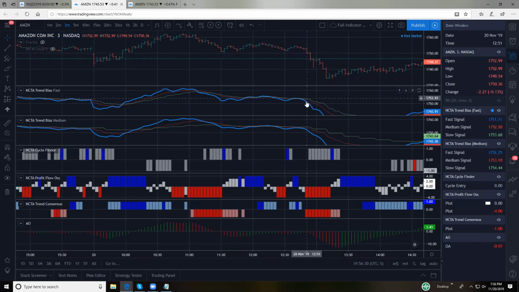You had an A entry to go short here at 1248. You're in at 1753.19. It actually went all the way down to 1734.32. So about 19 points of movement down. With a 50 delta, even a 40 delta is going to give you 8 points of profit or so.